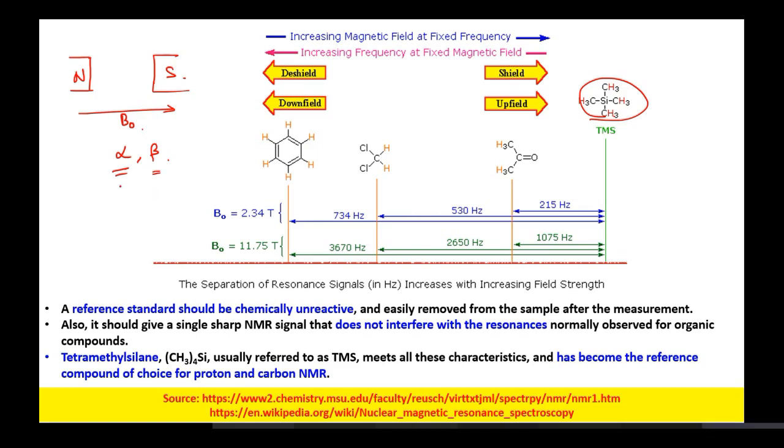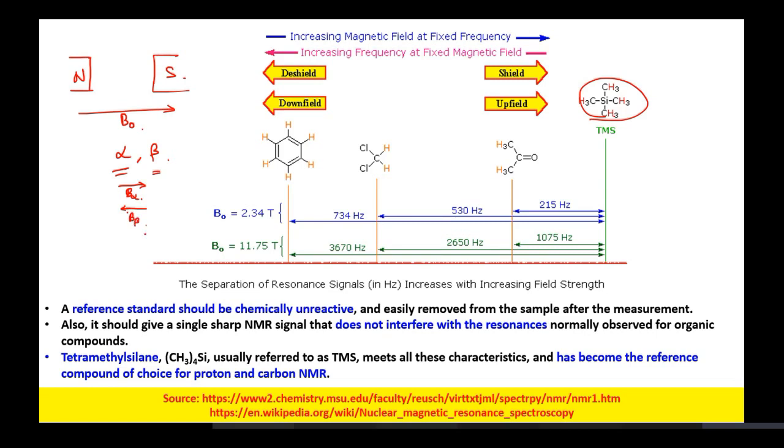In the alpha state, the net magnetization vector would be in the direction of B0, so let me write it as B alpha. On the other hand, the magnetization vector for the beta state will be opposite to B0, so let me write it as B beta.